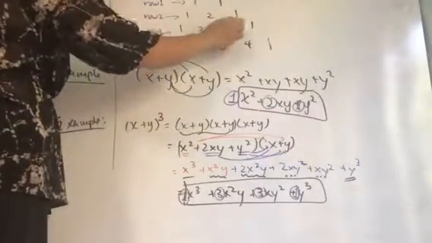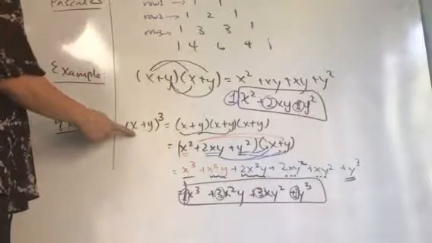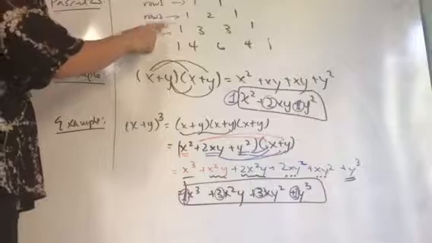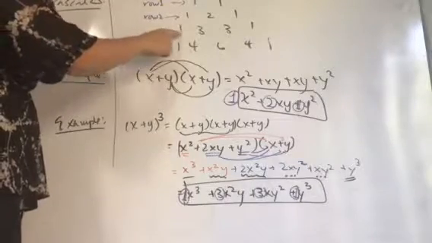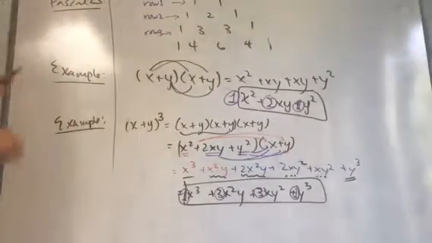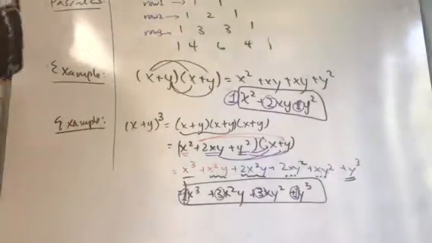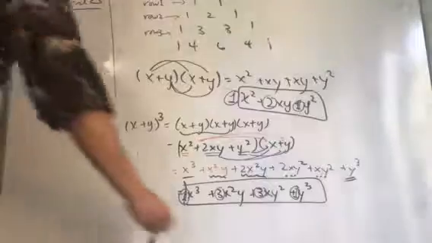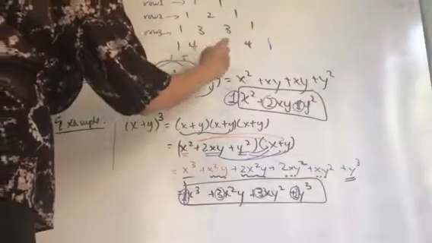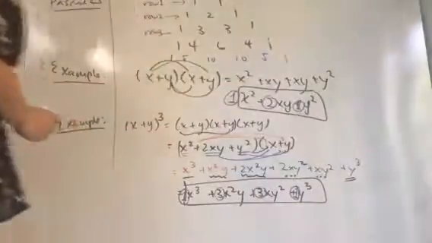It's going to coincide with the row number. In this case we had (x plus y) to the third power, which is a third degree polynomial, and the coefficients of the result are 1, 3, 3, 1. So even without doing a large expansion of work, let's just hypothetically say, let's add on another row, which we will talk about how we're going to do that if you haven't realized it.